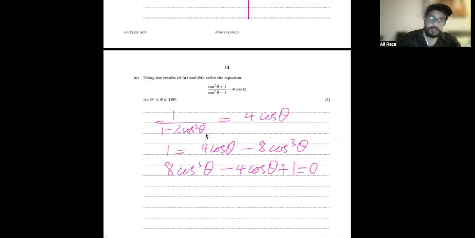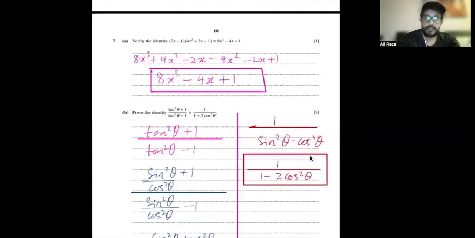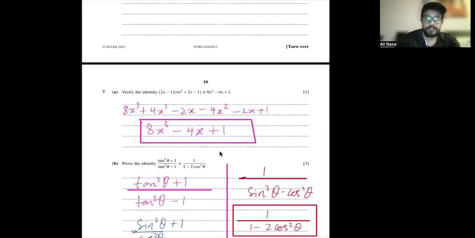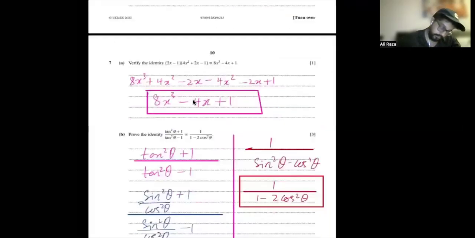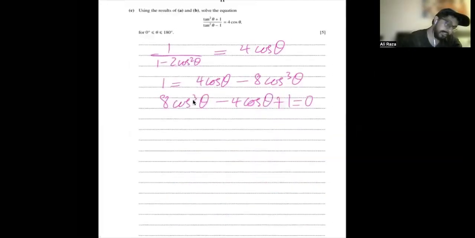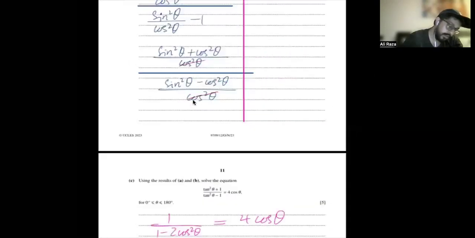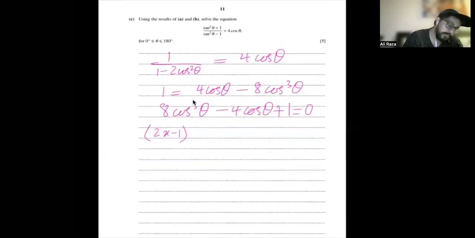Now this equation format resembles the one we have in part A as well. So we can break this into these two factors. If we consider cos theta as x, we have 2x minus 1 and 4x squared plus 2x minus 1.